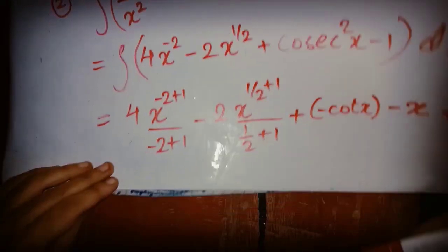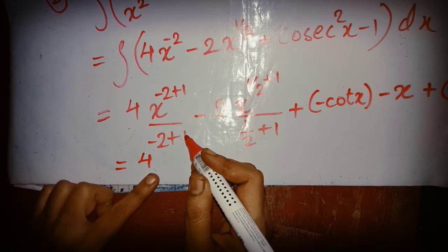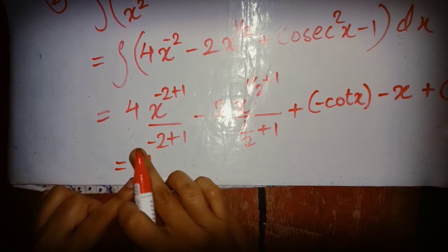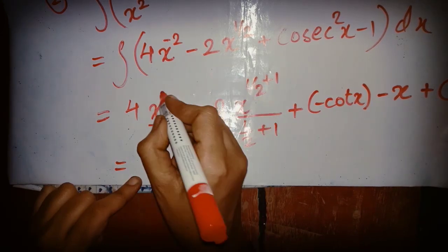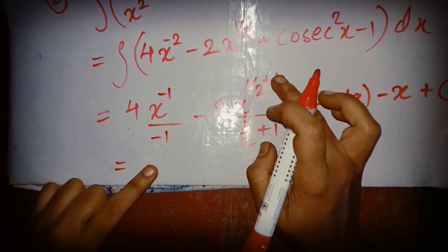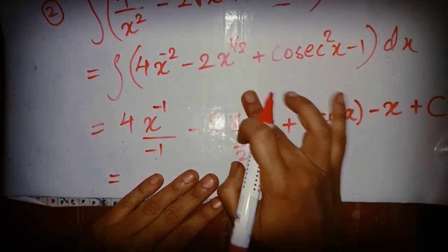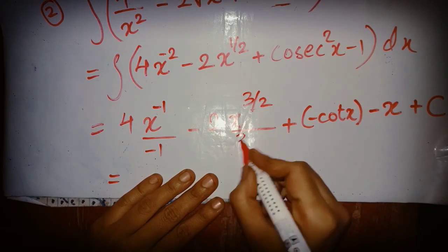So you write this properly. This is going to become 4 into, this will be minus 1, so this will also be minus 1. This is 3 by 2, so this is also 3 by 2.